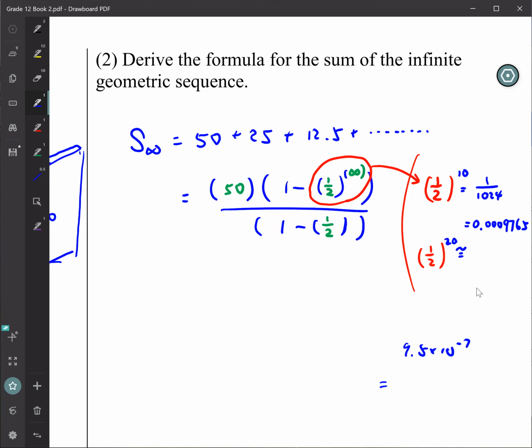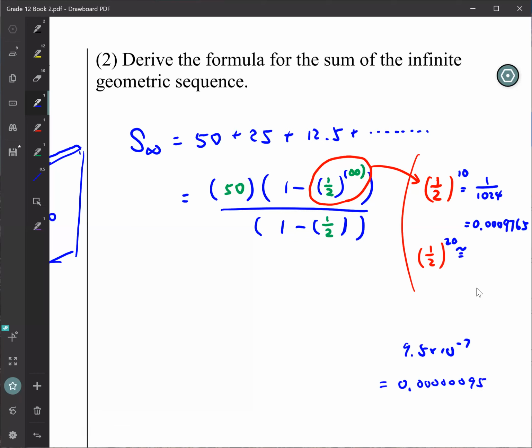If I want to get a decimal answer, what should I do? You put 7 zeros, or you count backwards 7. Tell me what to write. 0 point, 0, 0, 0, 0, 0, 0, 95.